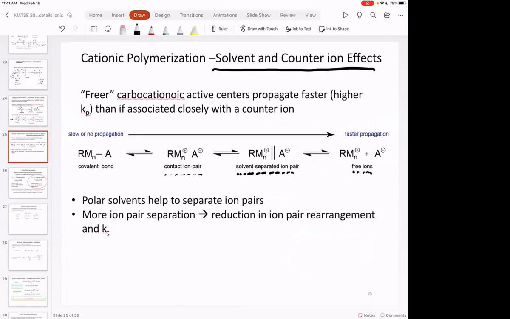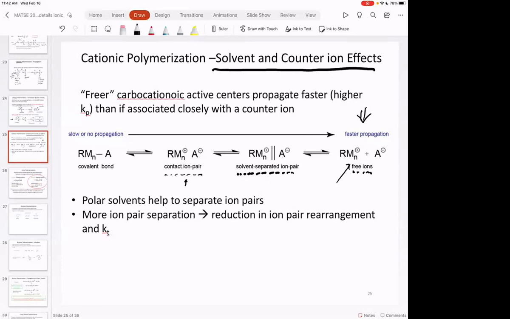If we move that anionic and cationic charge apart from one another, we get faster propagation because it's a lot easier to slide a monomer in here if the anion and cation are far away from one another than it is here. If the anion and cation are very close together, it's harder to get a monomer in there to propagate. And so we can really change the rate of propagation by changing the solvent.